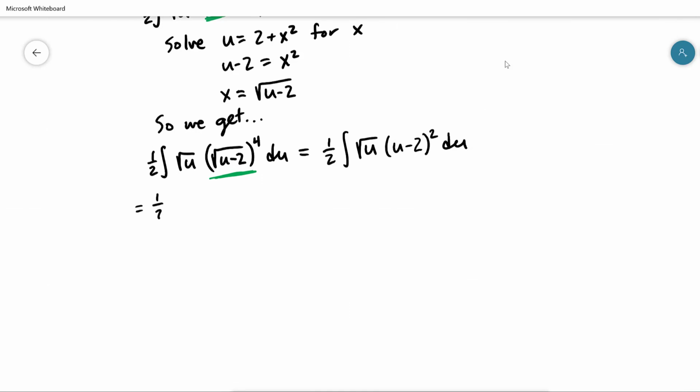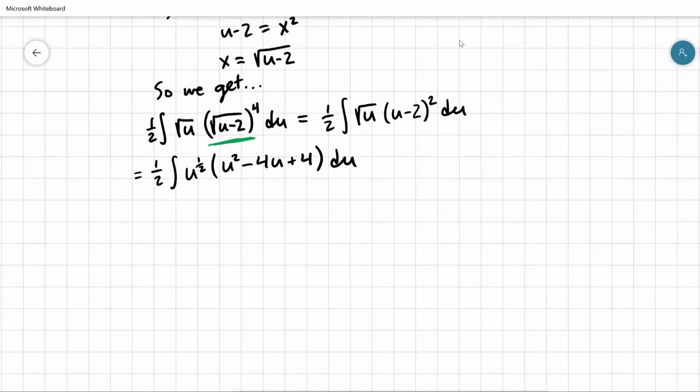Again, I've still got my factor of a half. The integral of the square root of u, in fact, let me rewrite that now as u to the 1/2. And FOILing that other piece out, I'm going to get u squared minus 4u plus 4 du. So that's just FOILing this term that's squared out. We get this.